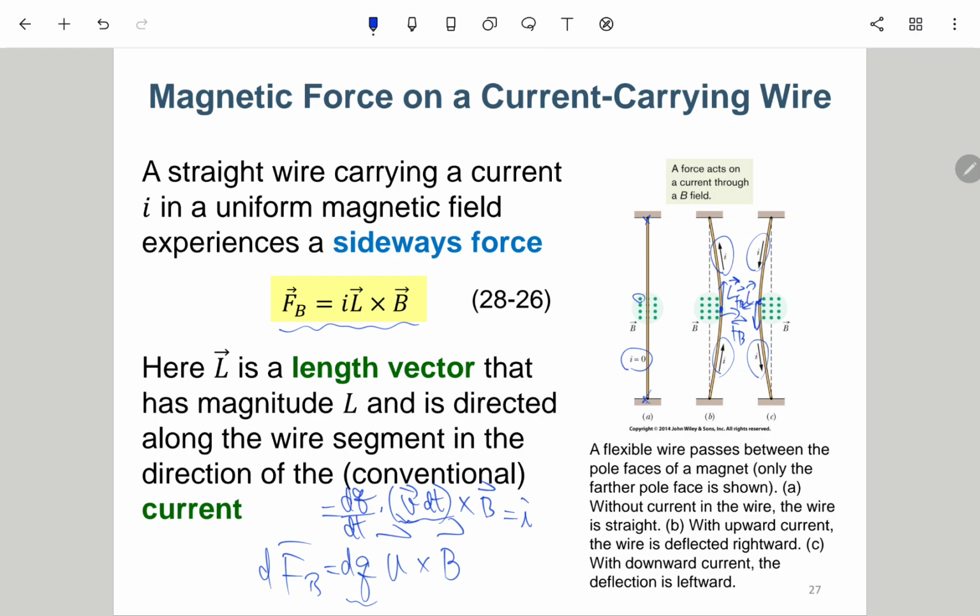This is the velocity of the charge times the time, so it's a length. You can consider it's the length of the wire, and then cross with the B field. So this is pretty much the Lorentz force. I would say this is another form of the Lorentz force.